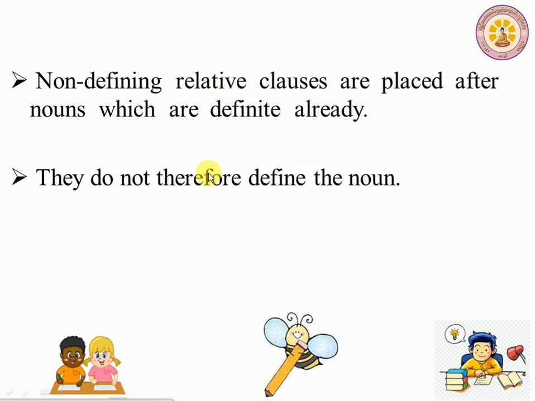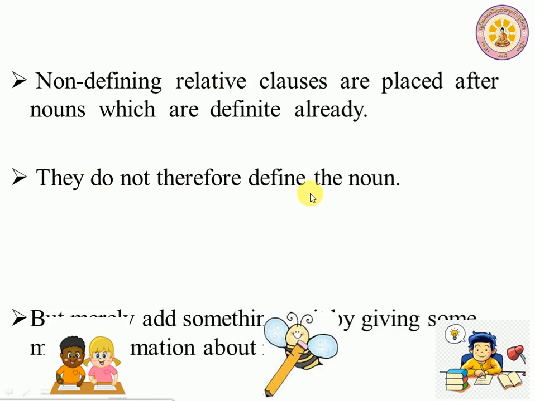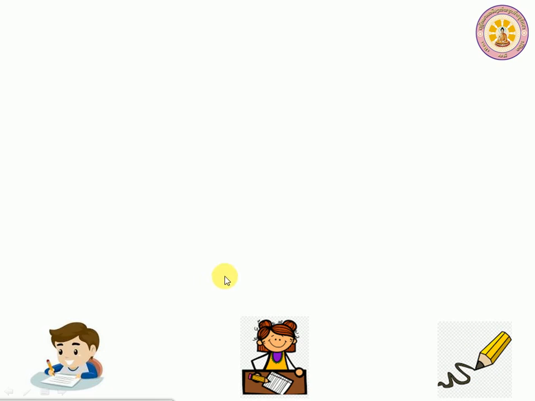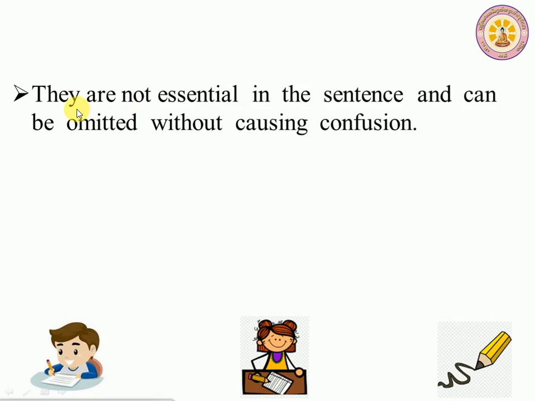They do not therefore define the noun, but merely add something to it by giving some information about it. They are not essential in the sentence and can be omitted without causing confusion. So non-defining relative clause is just used to add some more meaning, but the noun is already understood.